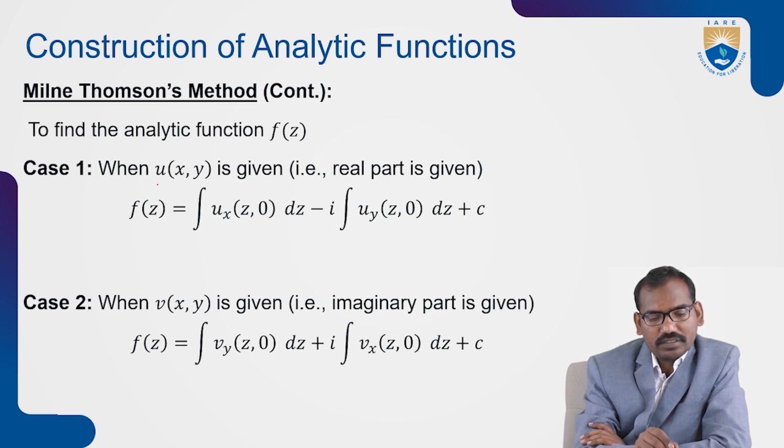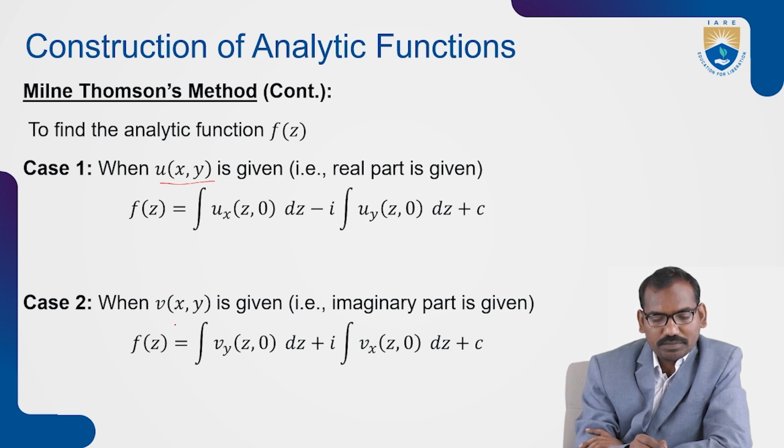So here, when the real part is given, in this case, we can calculate f of z with the help of this formula. So I just explained how we are deriving this expression. Right.